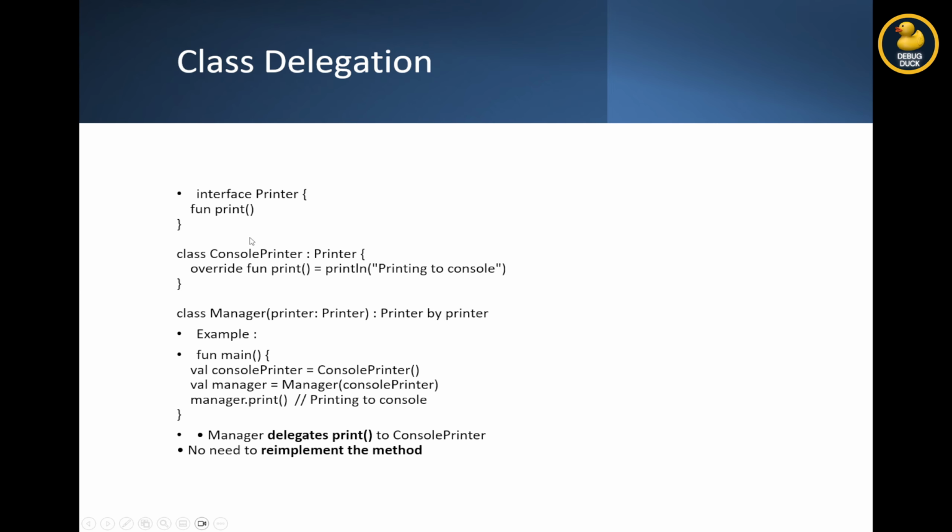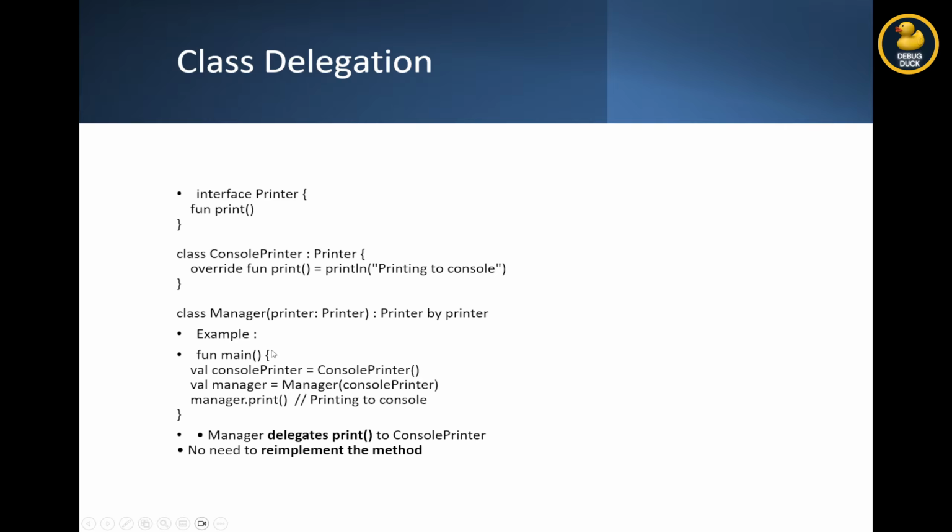Class delegation. Here is interface Printer containing a function print, and the class ConsolePrinter implements the Printer interface and overrides the function print, printing to console. And the class Manager printer by printer.